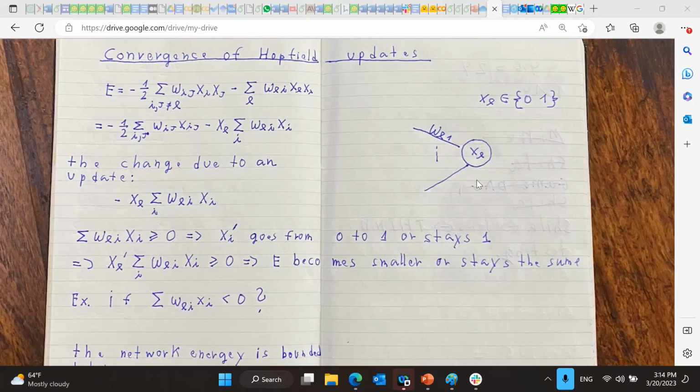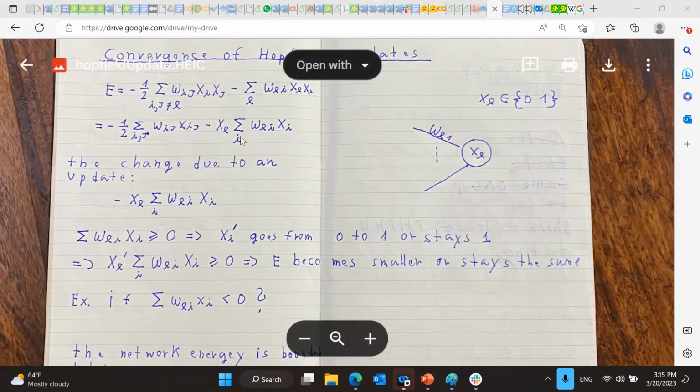So the series we have is the energy of the network. That's what it's called: the energy. Basically, this is the sum of the weights on the edges times the values of the neurons that are at the end of those edges.